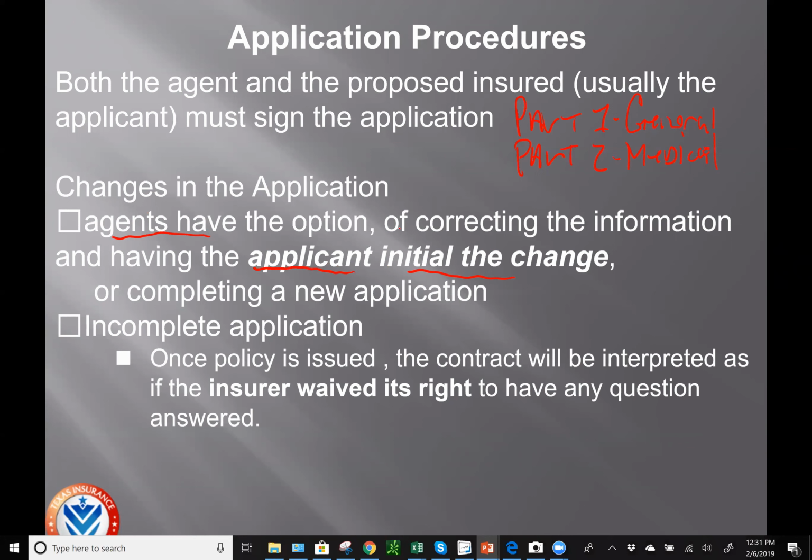Next, let's talk about an incomplete application. All right, so you're doing an application on me. You inadvertently skip over one of the questions. You don't notice it. I don't notice it because I don't even know what questions are on your application. And let's say at the end we both sign, you turn the application into the insurance company. I'm gonna give you 2 scenarios here.